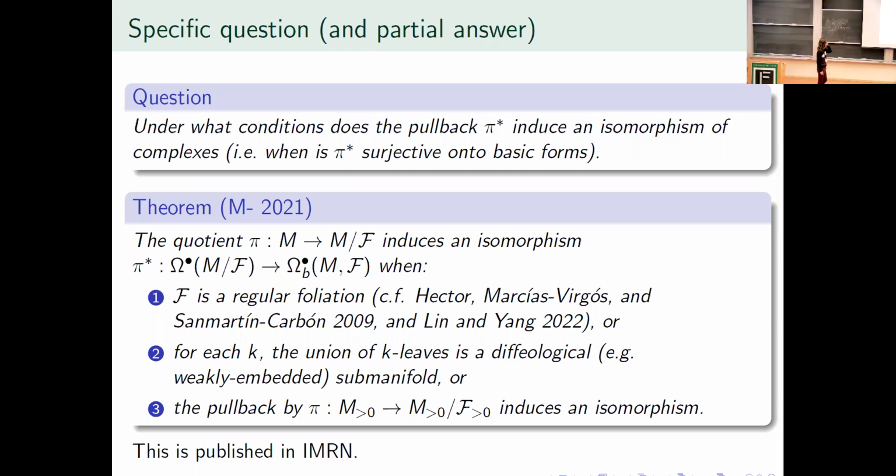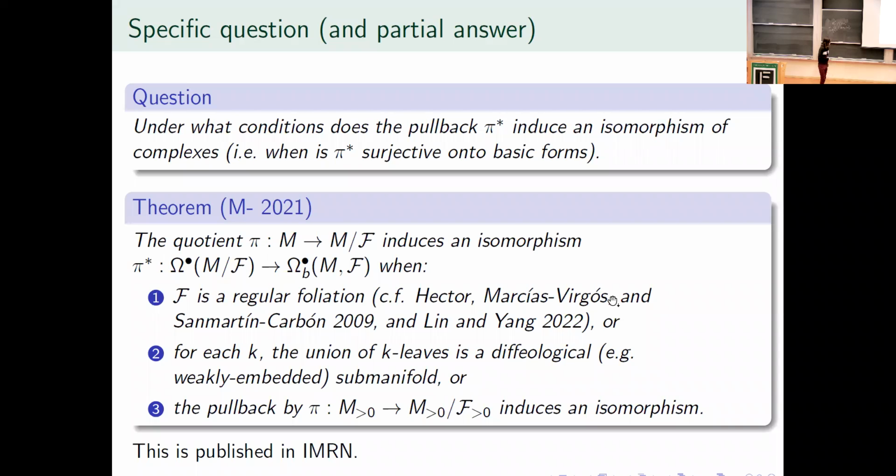Most of the examples, it's an embedded submanifold. So if for each k, that union of leaves is a submanifold, then the pullback will be an isomorphism for that singular foliation. I'd like to call this stratified, the foliation is stratified by dimension or something, but I don't know that it's a stratification in the sense that word's usually used. That's why I don't write it here.